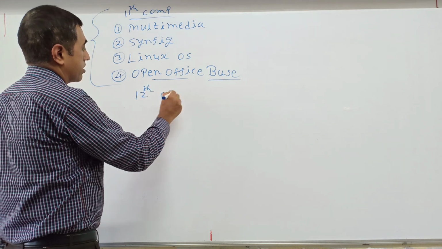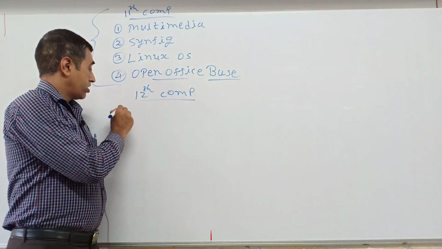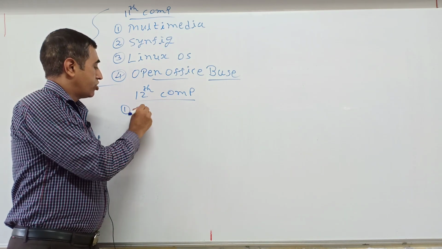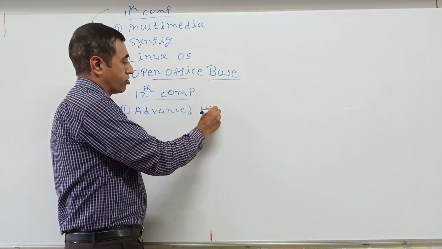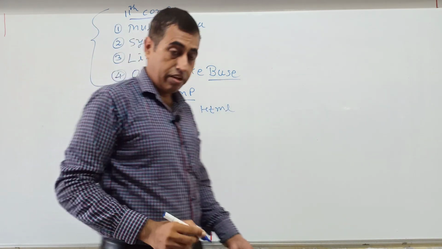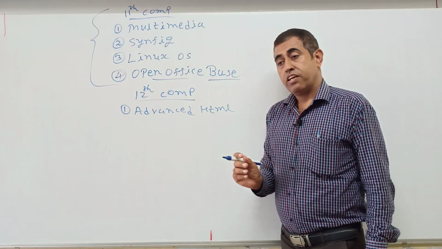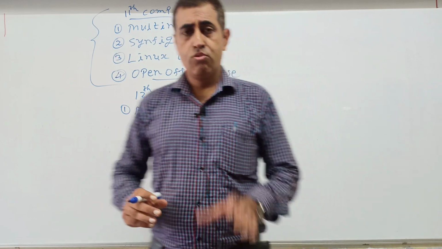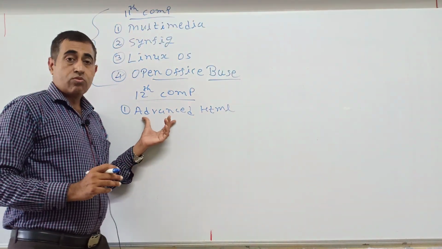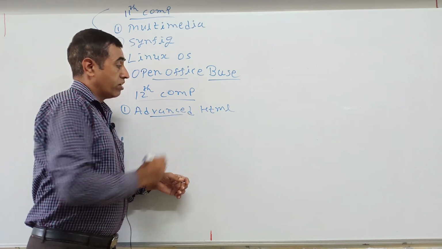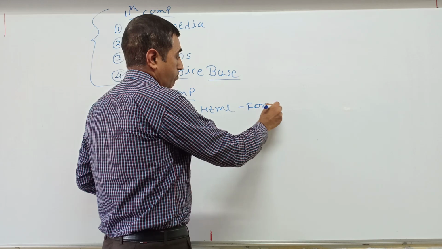In 12th standard computer subject, we have to study HTML, and that is also advanced. It means that the fundamental things in HTML you might have studied. Here we have to study further. So here in HTML we have to create online forms.